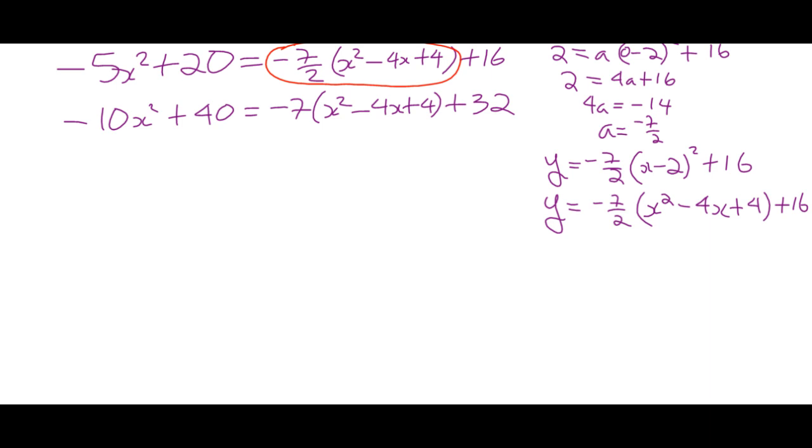Okay, so now we're just going to do some algebra. Expand the right-hand side. Collect all the terms. Get everything over to one side. Aim for a positive x squared. Get it equal to 0.